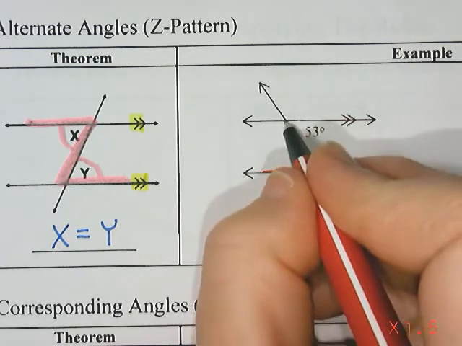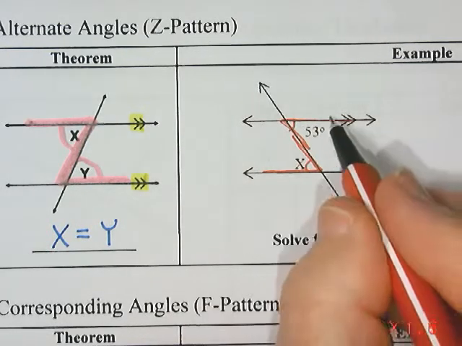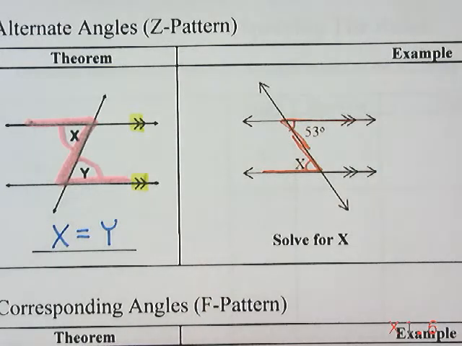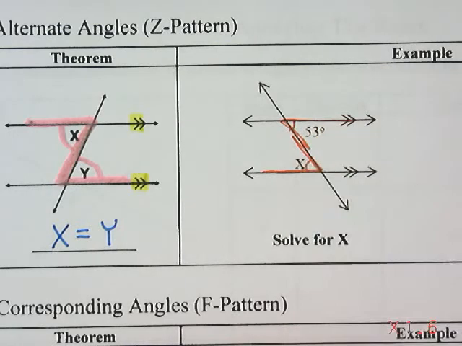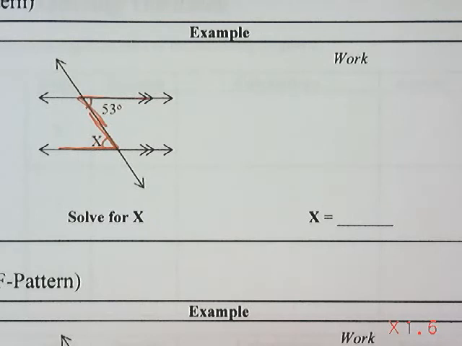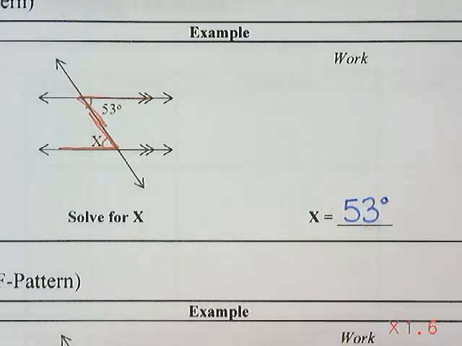And I trace over the angle I know. That's the 53. And I see that they make a Z. So this is Z pattern or alternate angles, which means these 2 angles are equal. So X just equals 53. I don't need work for that. All I have to do is just state that X is 53.